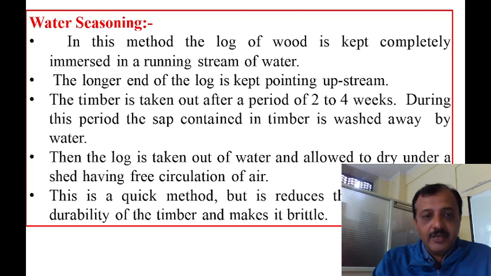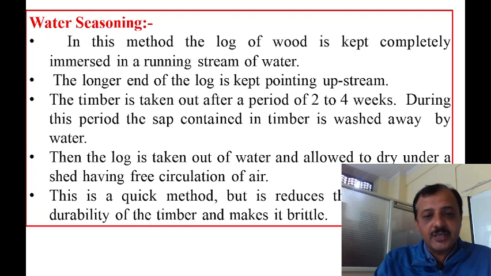Hot air is circulated. Next is water seasoning. In this method, a log of wood is kept completely immersed in a running stream of water. The longer end of the log is kept pointing upstream. The timber is taken out after 2 to 4 weeks. During this period, the sap contained in the timber is washed away by the water.